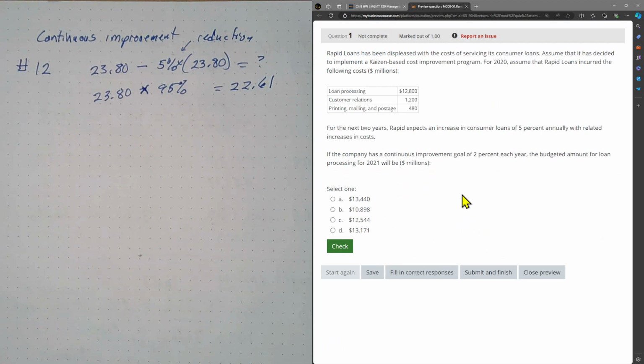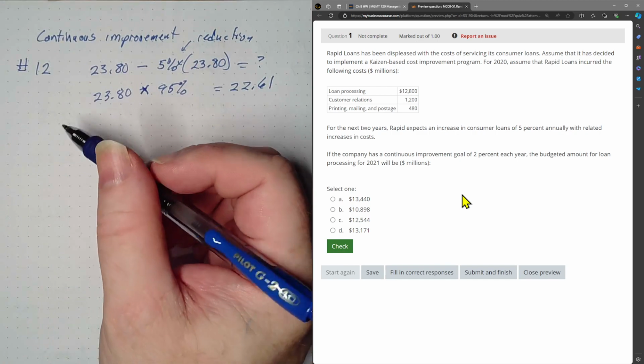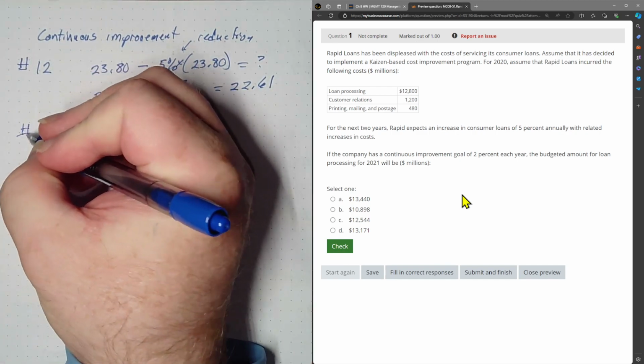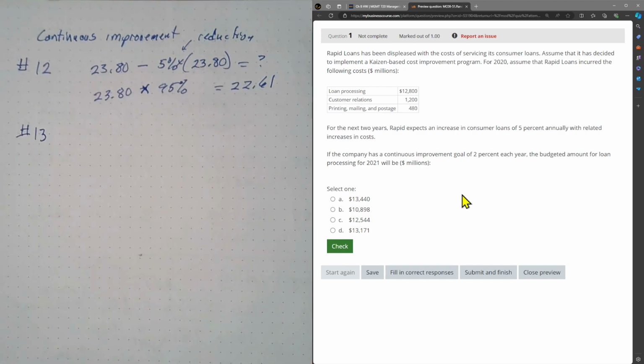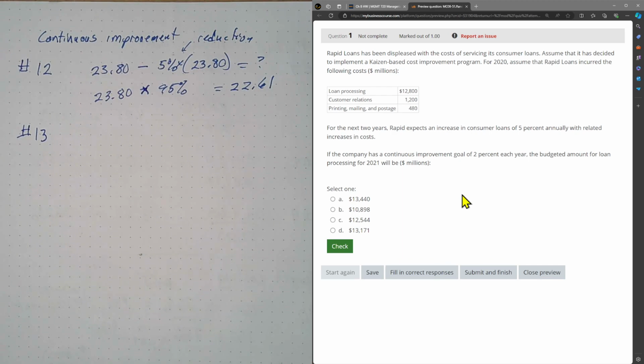We're still trying to reduce costs, but it recognizes that over time, the costs will increase even though we are trying to reduce them. So how they explain that here is they say, here are some, so this is a service business, it's consumer loans. It says, Rapid Loans incurred the following cost. For the next 2 years, it expects increase in consumer loans of 5%.